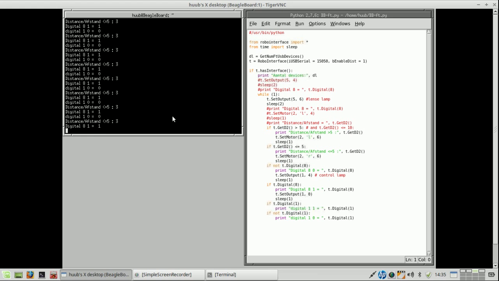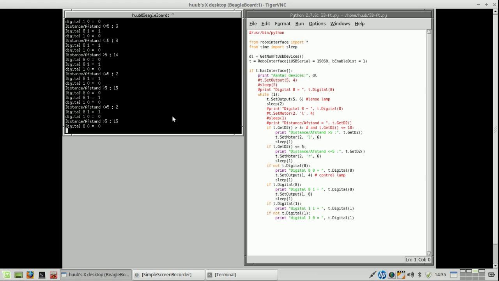Let's see, it's not 3 centimeters at all, more like 2.5. So that is rounding up. Now I'm touching it slightly and it says 14, so 14 may be 13.5. So that is as far as the distance goes.